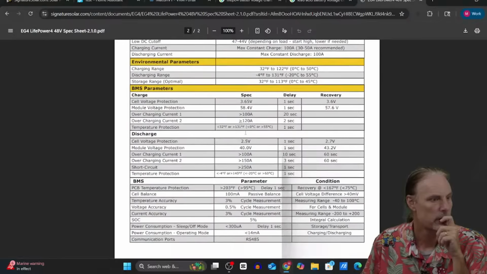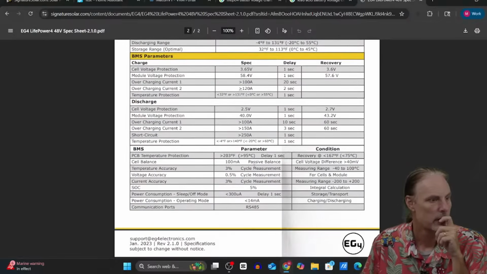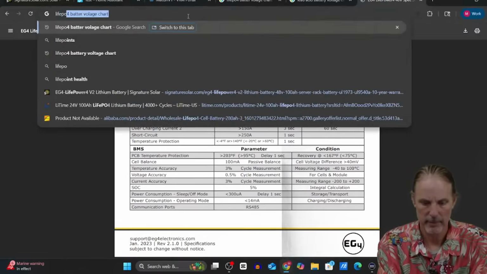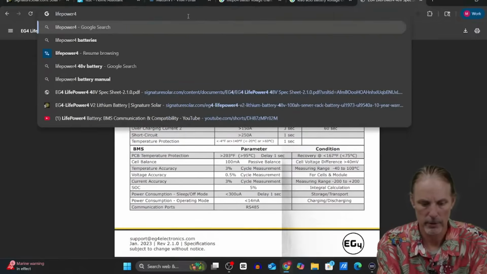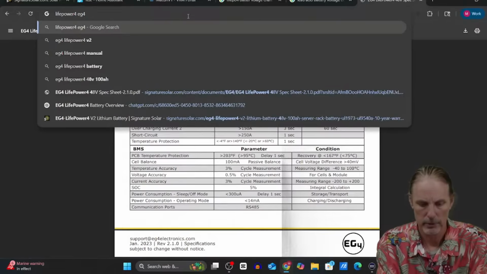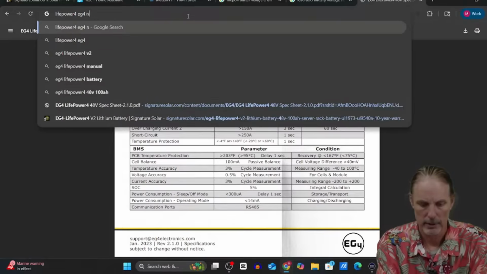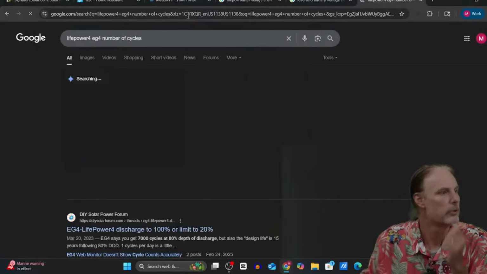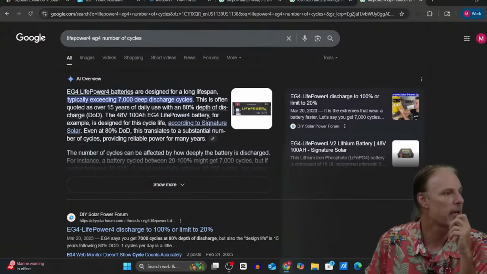Storage. And let's see, LifePO4 EG4 number of cycles. Let's see if we can get Google AI to find it for me. 7,000. Okay.